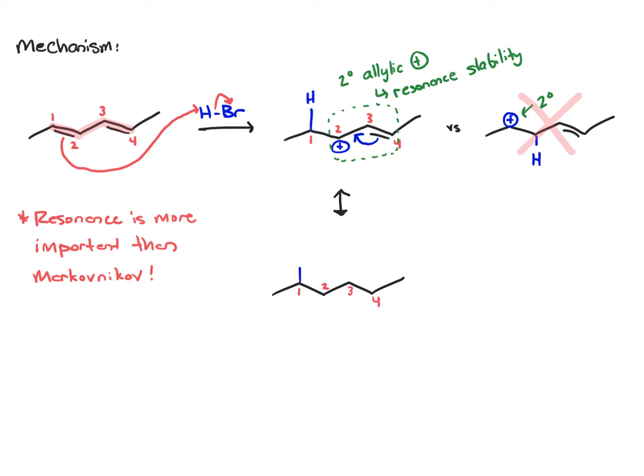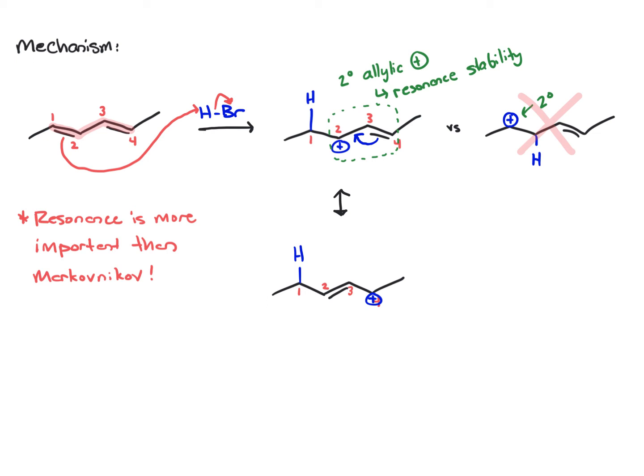We still have the hydrogen here on 1, the double bond moves between 2 and 3, and the carbocation is now on carbon 4. So now we have both resonance structures drawn. Once you have both resonance structures, from here we can draw the products if the Br adds to each.